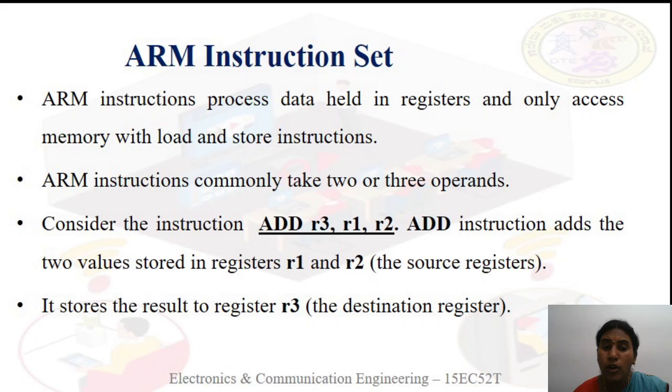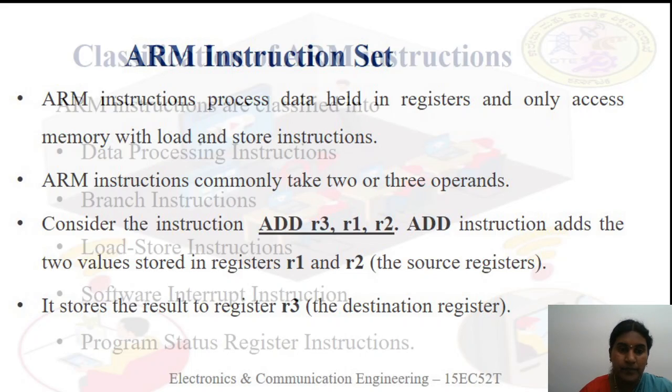This is nothing but a 3 operand instruction. 3 operands means you are using 3 registers R3, R1 and R2, and you are giving an instruction called ADD to the ARM processor to perform the addition operation. Here R1 and R2 are called the source registers and R3 is called the destination register. This instruction will perform an addition of R1 and R2, and whatever result you get will be stored in the destination register R3. This is a 3 address operand instruction.